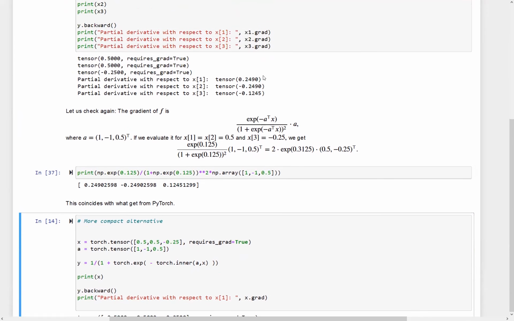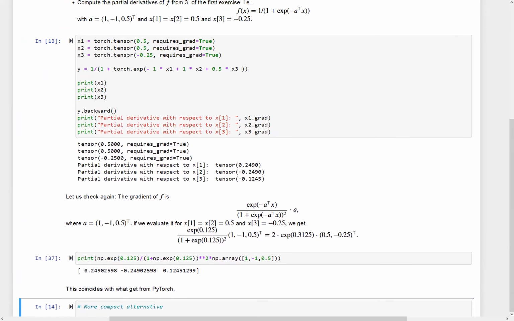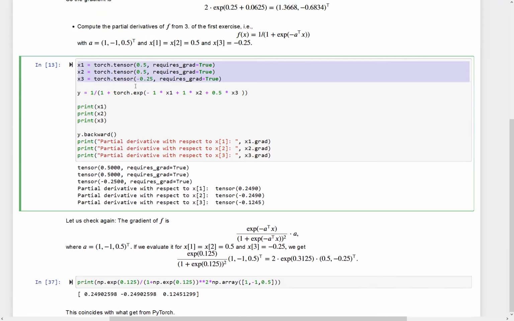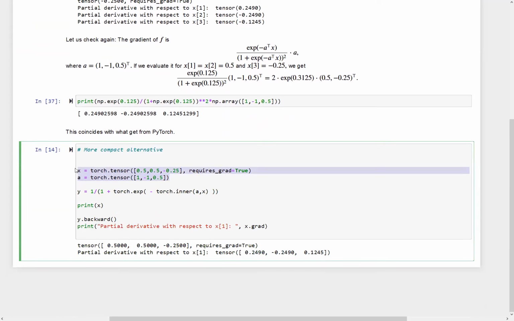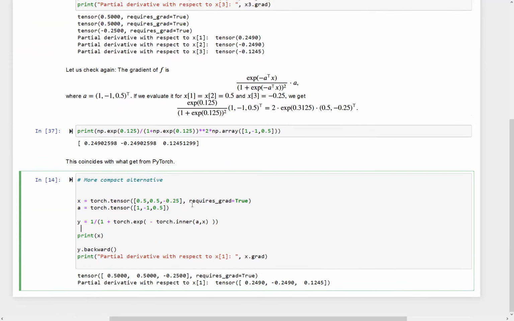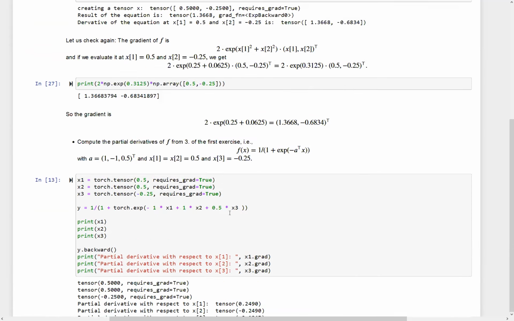Perhaps a bit nicer, because you can imagine if you have a high dimension D, this here is a bit cumbersome. This here is more compact. All right, so this was a very short introduction to PyTorch. We will come back to that later. I picked up PyTorch because this automatic gradient computation is quite convenient, and we will also use this later on.